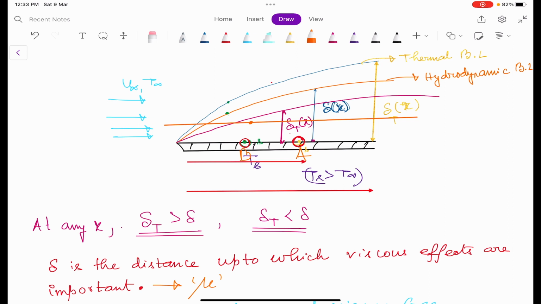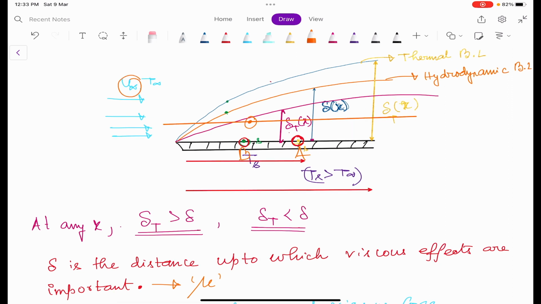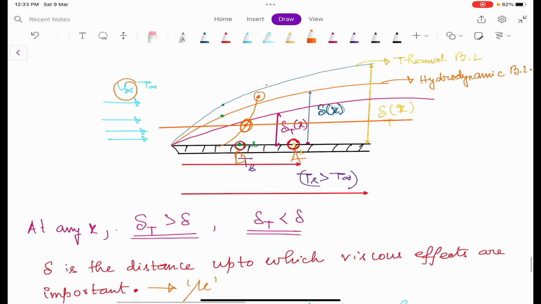Then here the velocity is much lesser than the free stream velocity u infinity, and the boundary layer will be thicker, because here the velocity is too much lesser, and to reach u infinity the velocity profile has to go through a larger vertical distance.